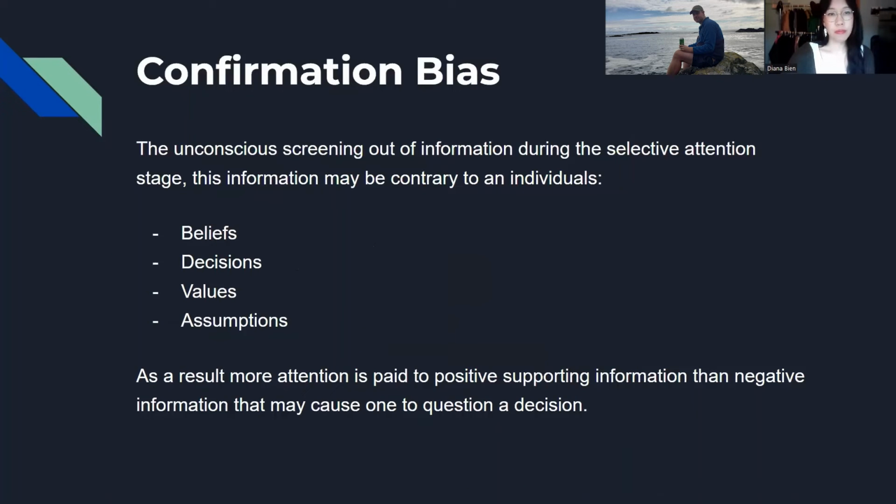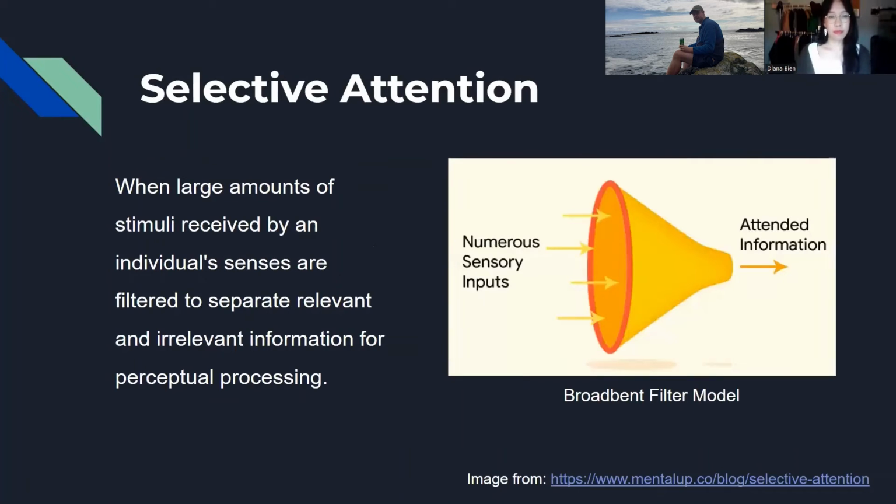Selective attention is when we filter out stimuli received by our senses that are deemed irrelevant, while allowing other information through to the perceptual interpretation stage of the perceptual process. The diagram shown is called the Broadbent filter theory, and it shows how our selective attention works like a bottleneck to narrow down the scope of stimuli received.